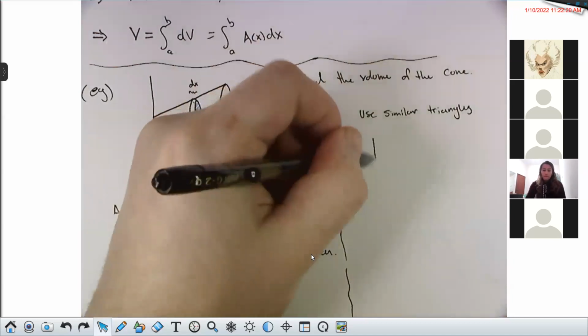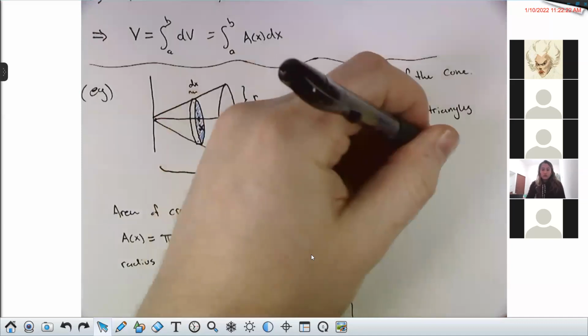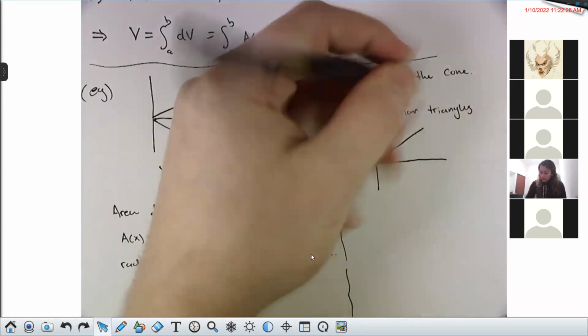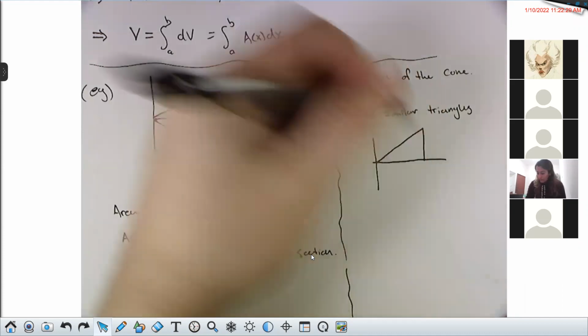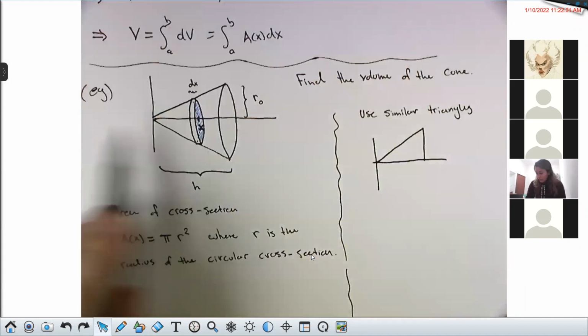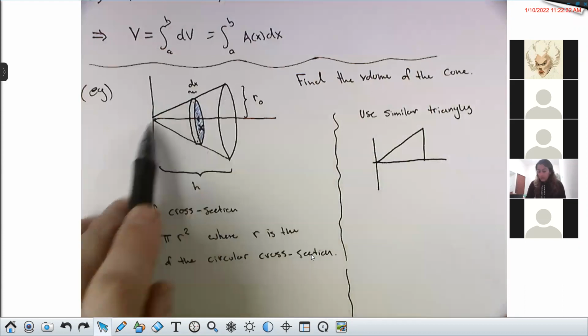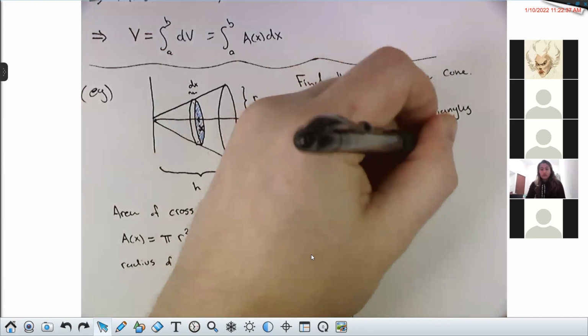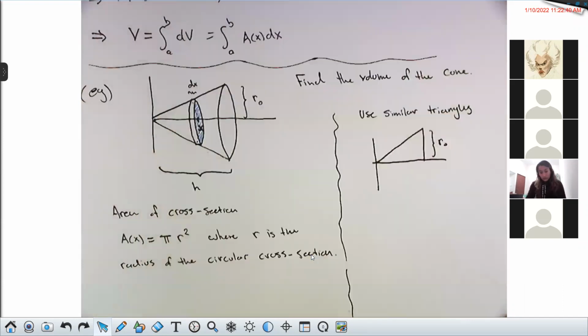So if I redraw this picture, just looking two-dimensionally, maybe I'll just draw the quadrant 1 part, right? Just drawing this part in 2 dimensions. This is R0, the radius of my base.